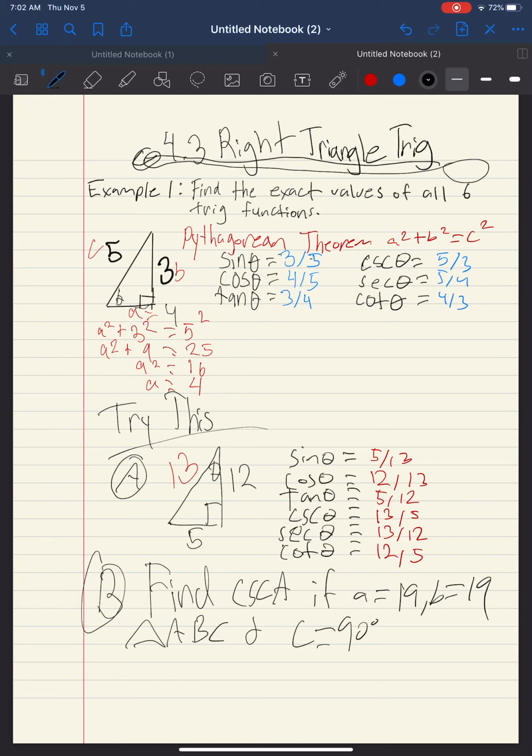So please do this one on your own. And once you are finished, remember, you have to find what cosecant of A is. Once you find that, we will continue.